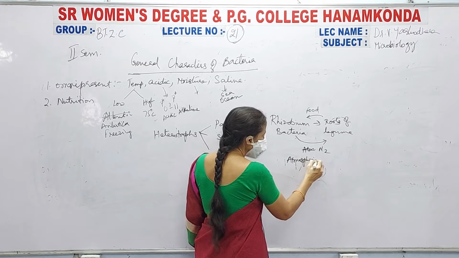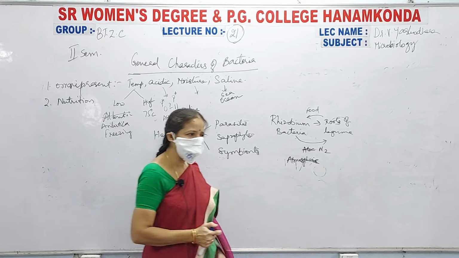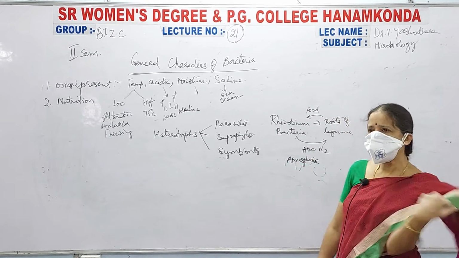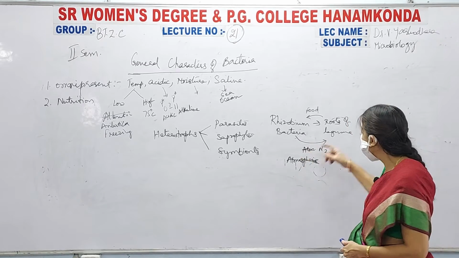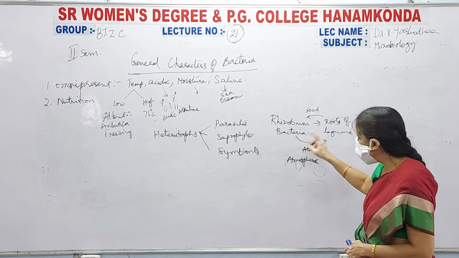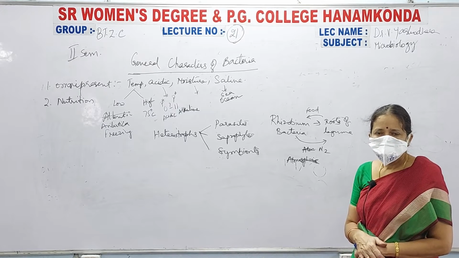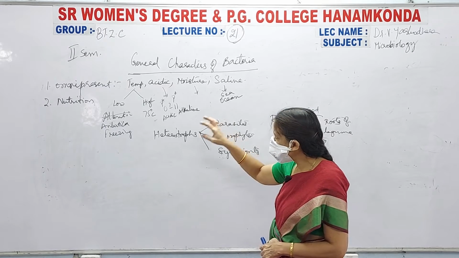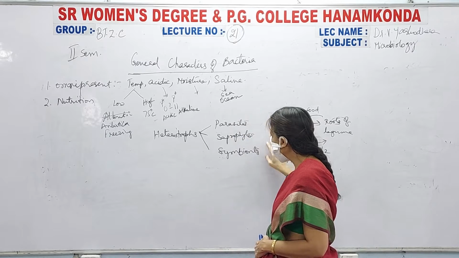This nitrogen is given to the roots of the legume plants, because atmospheric nitrogen cannot be absorbed by the roots directly. So the atmospheric nitrogen is fixed into ammonia form and given to the roots. Both are benefiting each other. Such microorganisms are called symbionts. So the nutrition of microorganisms is heterotrophic: parasites, saprophytes and symbionts.